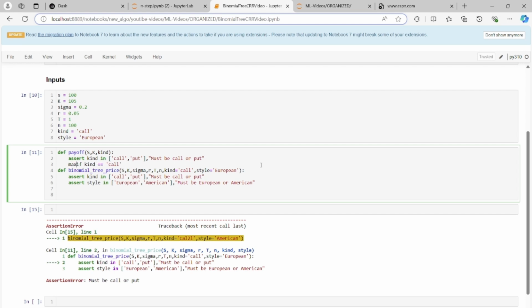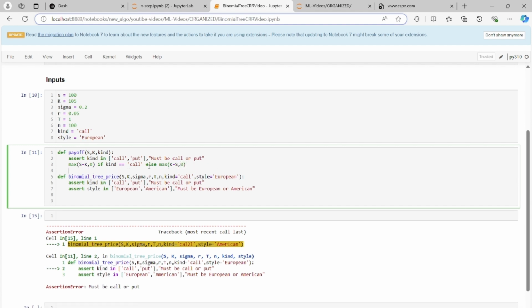It's going to be max of s minus k, 0. Else, because of that assert, that's okay, it's going to be for a put. It's going to be max of k minus s, 0. So that's the payoff, so I'll return that. Okay, so this is the payoff.